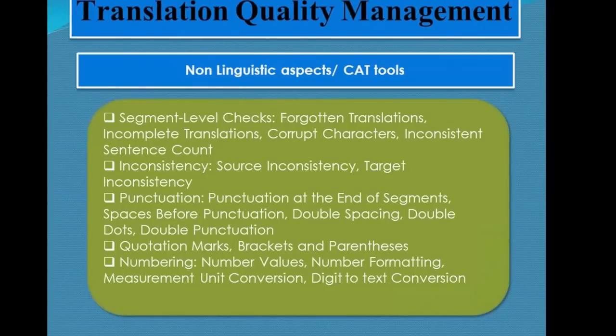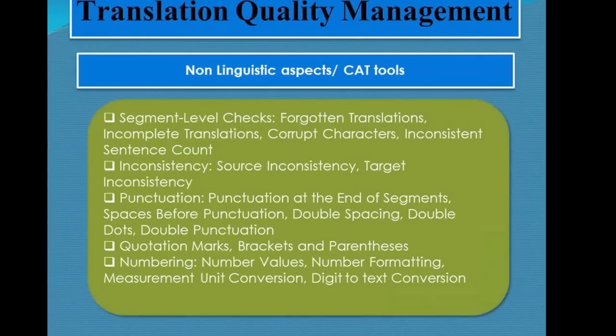Anyone who is not a translator can come out and tell you that your translation is of no use to us by simply checking these basic things. You may not be an expert in Japanese, but you can tell that this particular translation has not been done properly, and you can blindly send it back to the agency or to the translator and tell him or her, check it, you have given us trash.